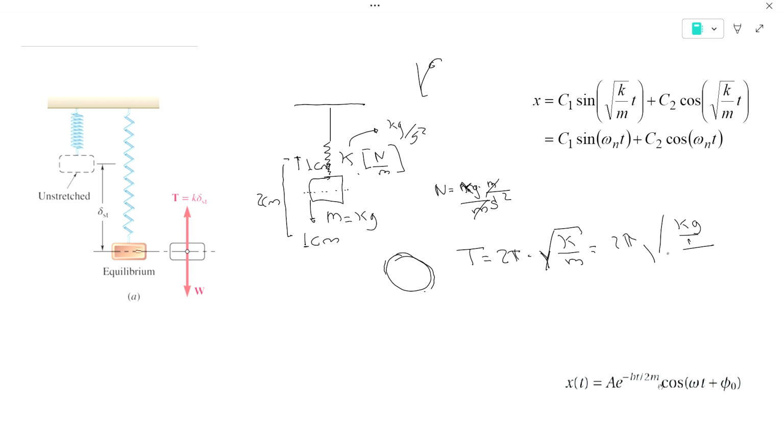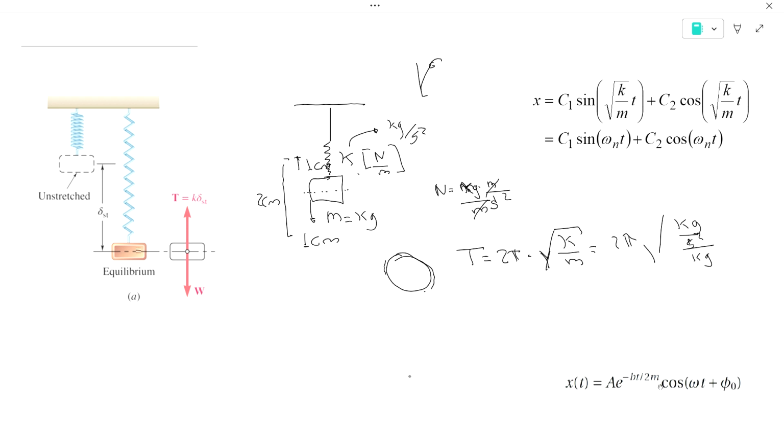Or is it m over k? No, it's k over m. Okay, it's k over m. So it's kilograms over second squared, divided by mass, which is kilogram.